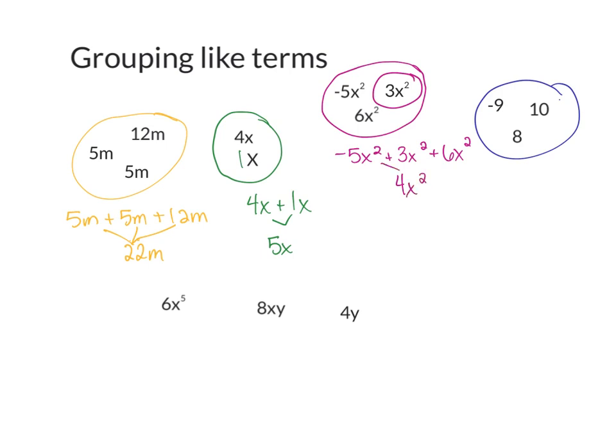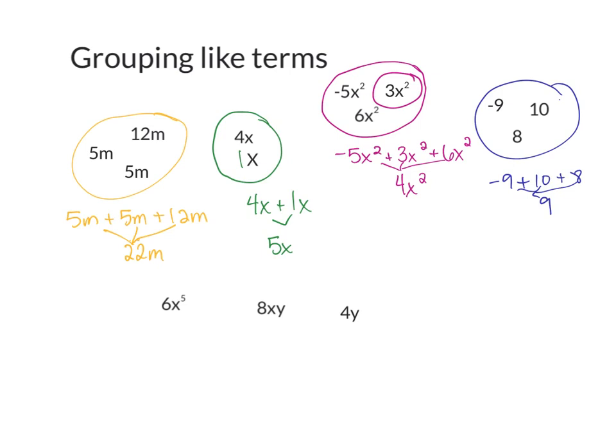I don't know if any of my little metaphors are helping at all, but hopefully. -9 plus 10 plus 8. -9 plus 10 is 1, plus 8 is going to give me 9. So those all add together to give me 9.